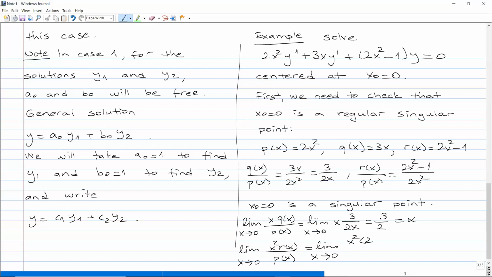So x squared times (2x squared minus 1) over 2x squared, x squared cancels out, and x equals 0 gives me minus 1/2. That's my beta. So it is a regular singular point with alpha equals 3/2 and beta equals minus 1/2. So x0 equals 0 is a regular singular point.